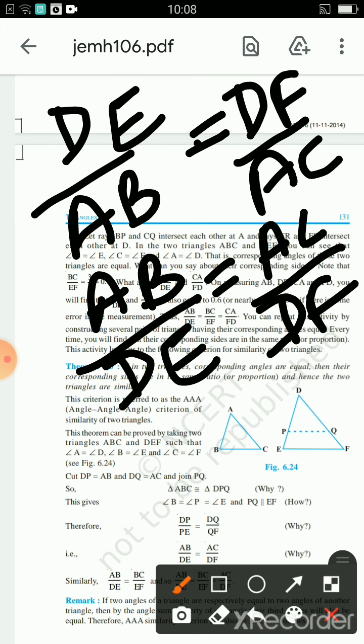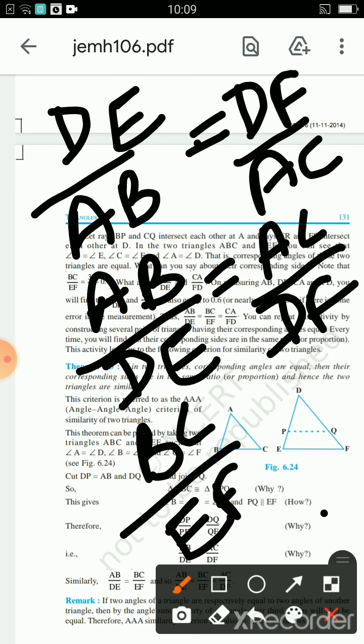Similarly, these two sides have been cut in equal ratio due to the basic proportionality theorem. On reciprocating and adding 1 you get AB upon DE is equal to AC upon DF, and similarly it is equal to BC upon EF. So the sides are in equal ratio, the angles are equal, and hence the triangles are similar.